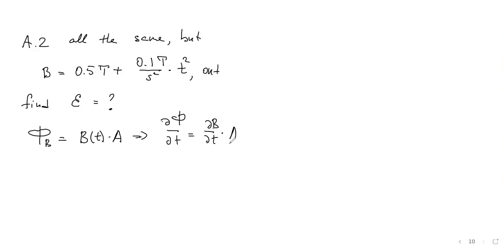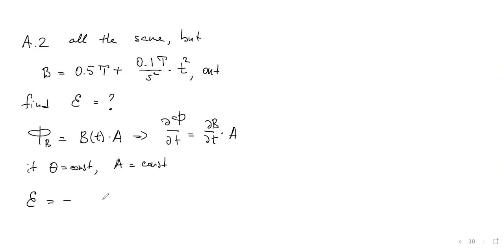Yeah, that will be 0.2. This will be only this part. Yeah, you're right. Factor 2 will go out. So if angle theta is constant and area is constant, only what is changing is the magnetic field itself. Then we can write this equation.